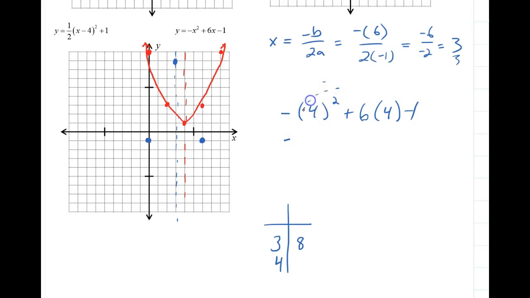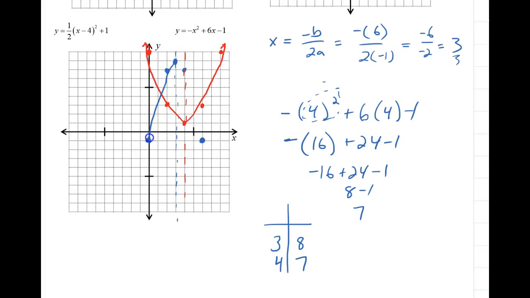Again, do the exponent first, so the negative stays on the outside. So now it's negative 16 plus 24 minus 1. 8 minus 1, 7. So at (4, 7) is my next dot. 1 away. Now I have my 5 points. Now I can draw my beautiful parabola.